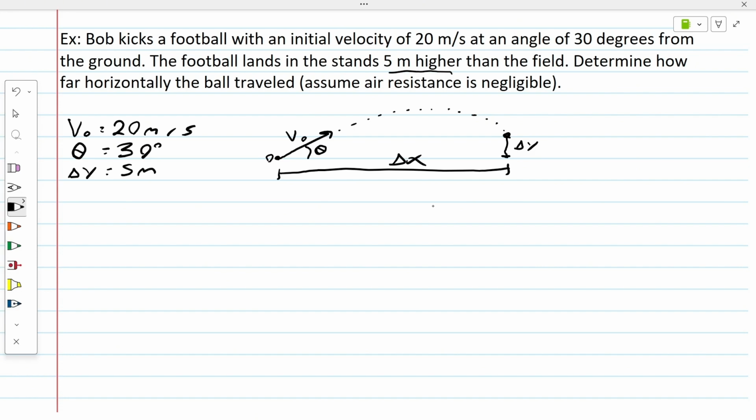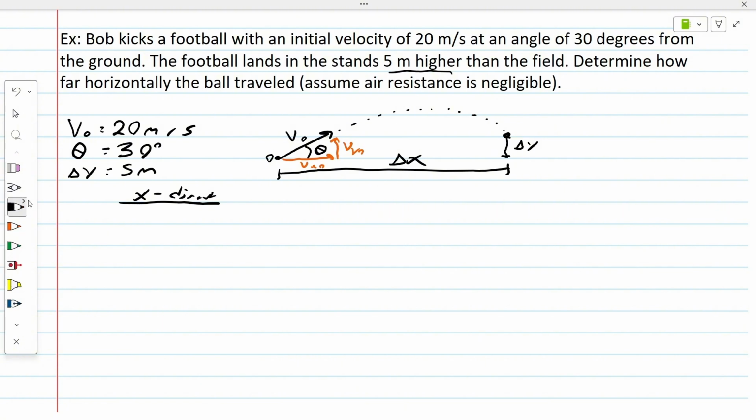So how are we going to figure this out first off? So let's figure out what we have for each direction and then what equations we can use. So let's start in the x direction. Right, so we know the velocity initial and we know the angle, but we need to break this up into its components of Vx and Vy for the initial.